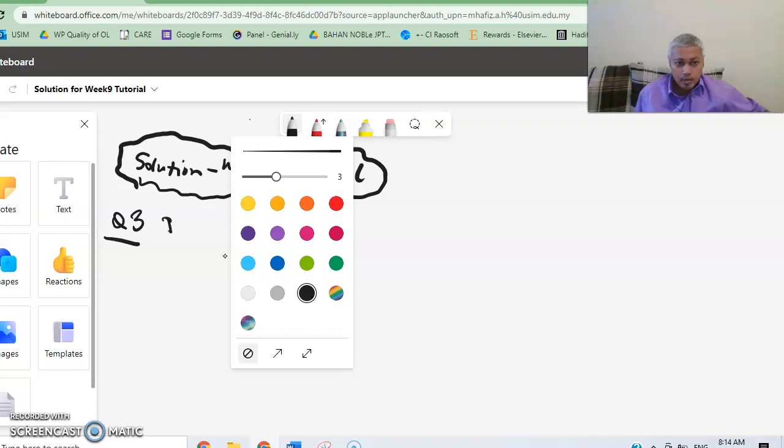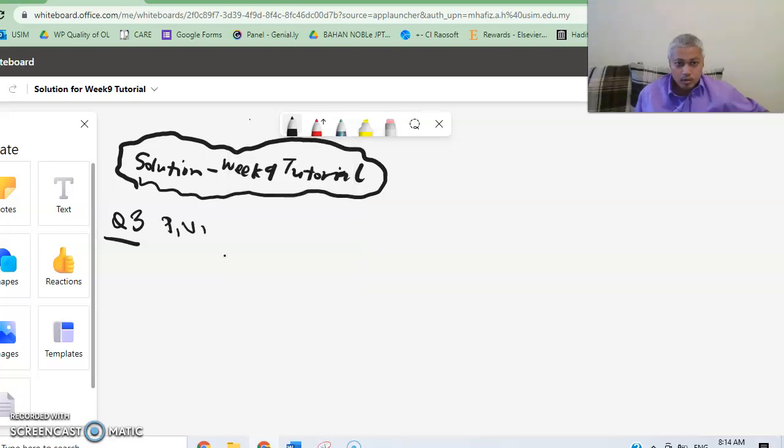where we need to use P1 V1 equals nRT1. For the first equation, we have P2 V2 equals nRT2. Okay, and then we need to divide 1 with 2.